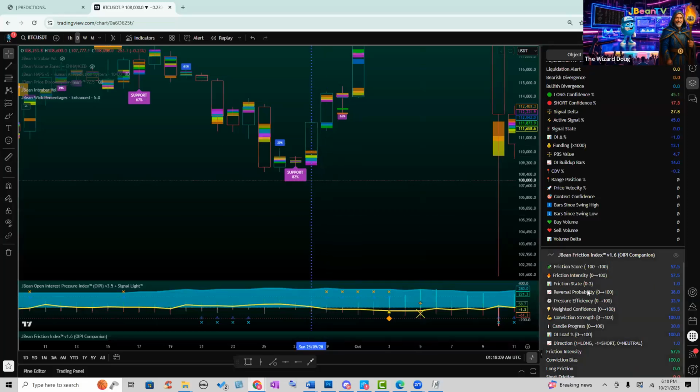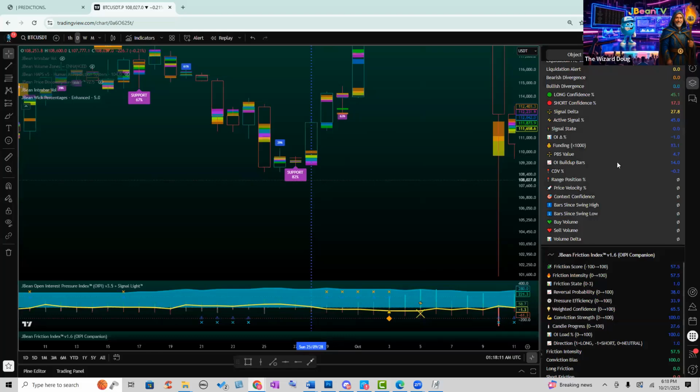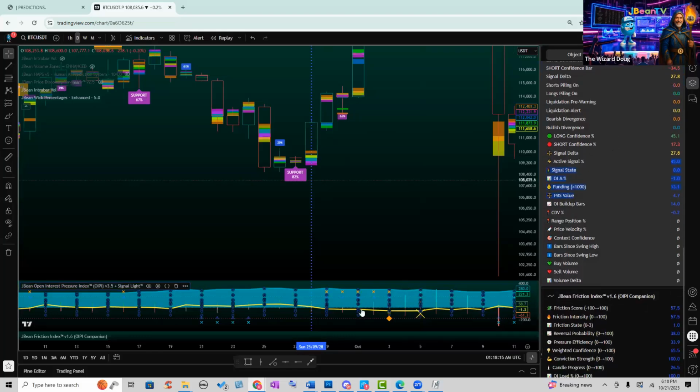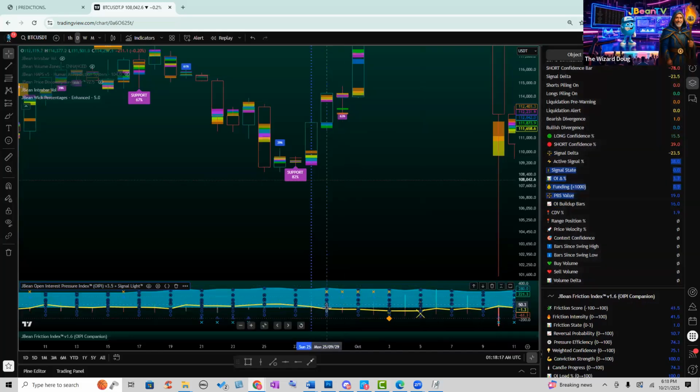Well, if I look over here, I'm going to start here. Again, this is a master indicator with a companion indicator. It's two indicators that I built, and this one is attached to this one.